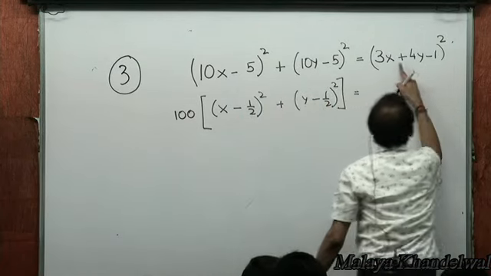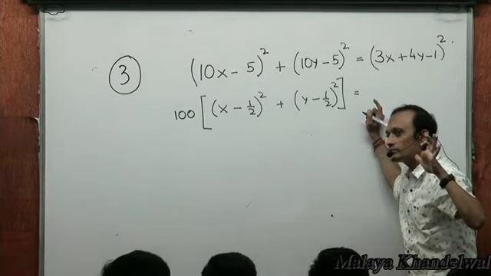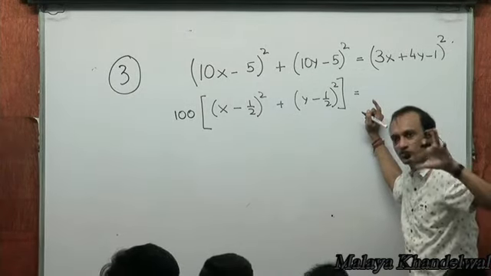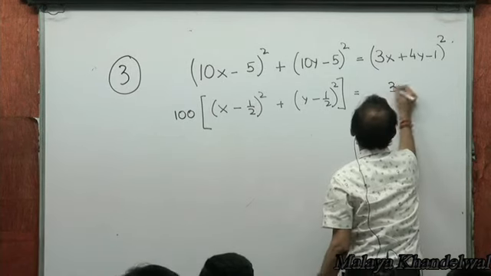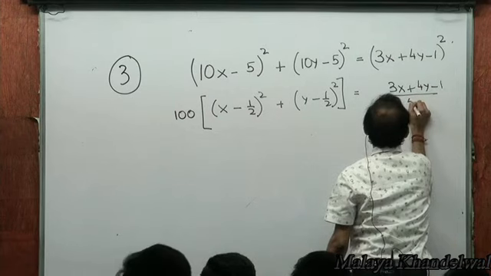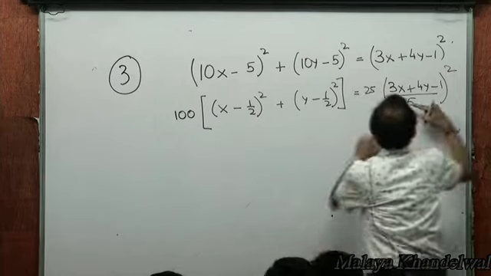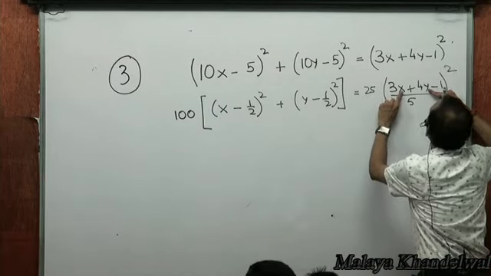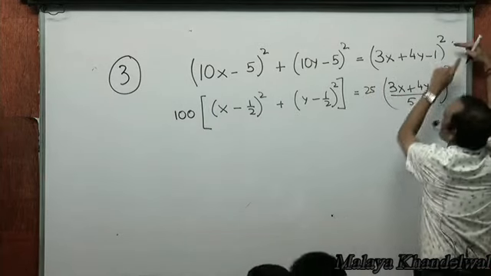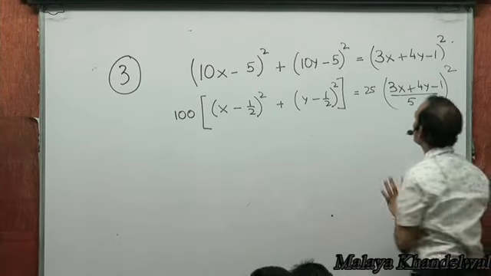equal to, now 3x plus 4y minus 1 equal to 0 is like a straight line, and the distance of (x, y) from this straight line is going to be given by (3x plus 4y minus 1) by 5, whole squared, and I balance it so that this essentially represents the distance of a point (x, y) from the line 3x plus 4y minus 1 equal to 0. Yes or no? Right?